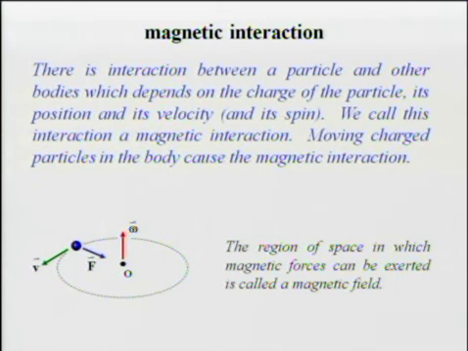A region in which electrostatic forces are exerted is referred to as an electric field. Now, in the case of electric field and gravitational field, we have a physical quantity which describes it. And it leads directly to a force.